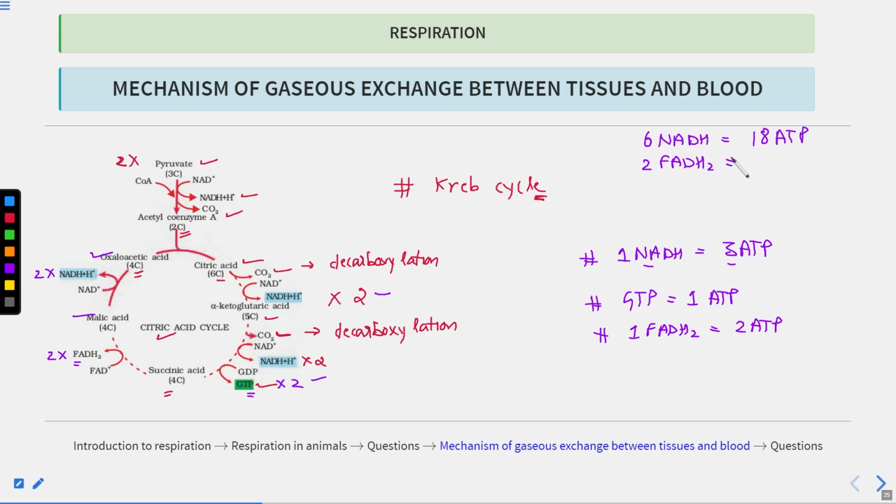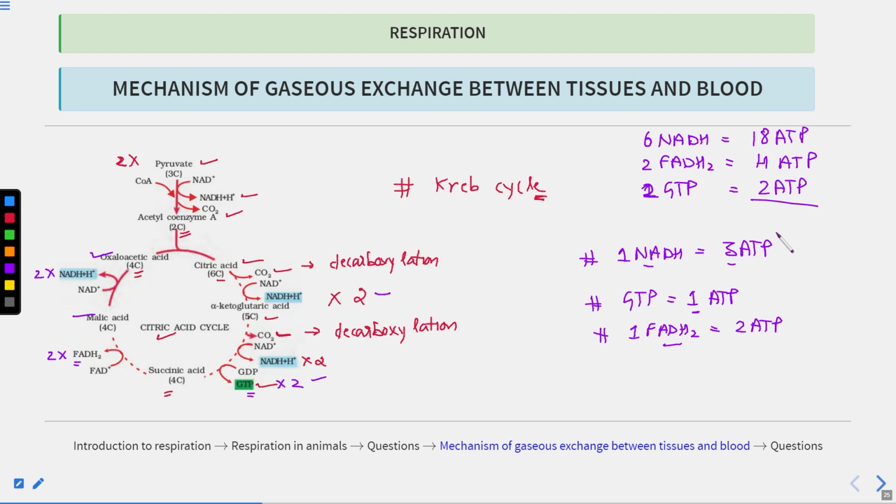These are the products of the Krebs cycle. So 1 FADH2 corresponds to 2 ATP, so here 4 ATP will be produced. And apart from this, 2 molecules of GTP will also be produced. So we can say 1 GTP corresponds to 1 ATP, so 2 GTP will form 2 ATP, 2 adenosine triphosphate.